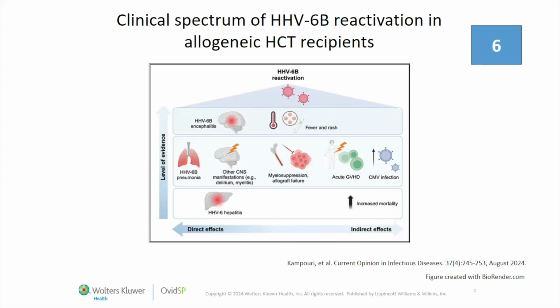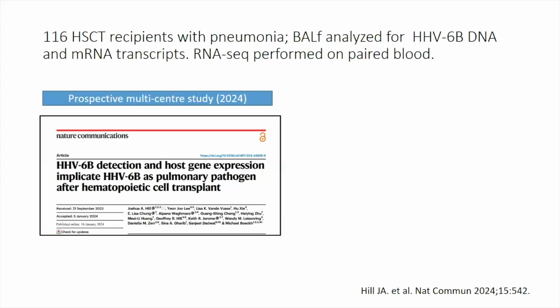The third thing I wanted to highlight is that beyond established encephalitis cases, there is recent evidence that HHV6 is implicated in pneumonitis and less convincingly in hepatitis. In this regard, I just wanted to bring to your attention a fresh report this year from Nature.com that implicated HHV6B in pneumonia in a compelling fashion.